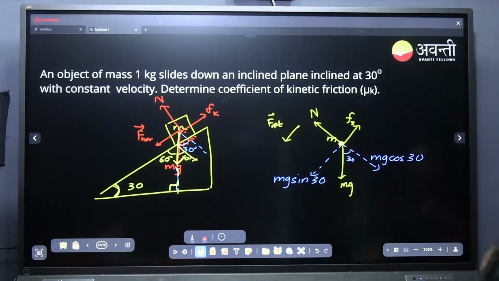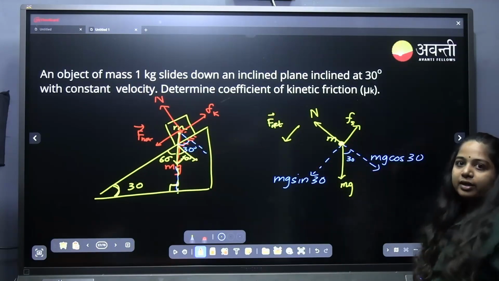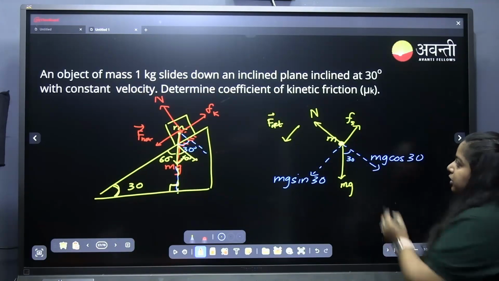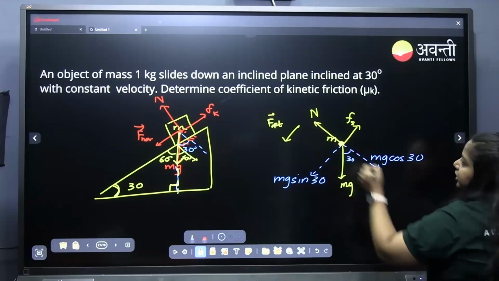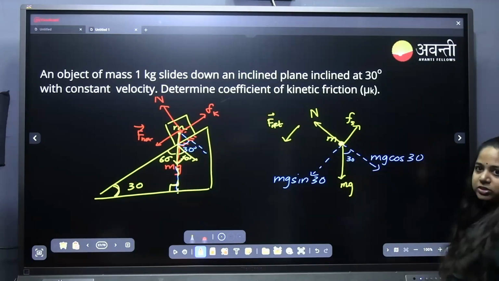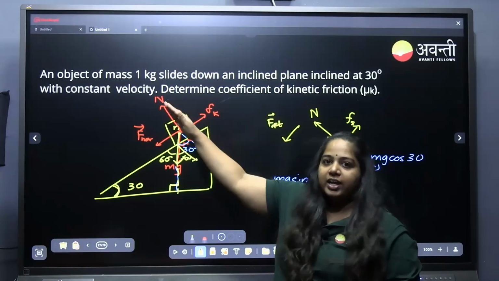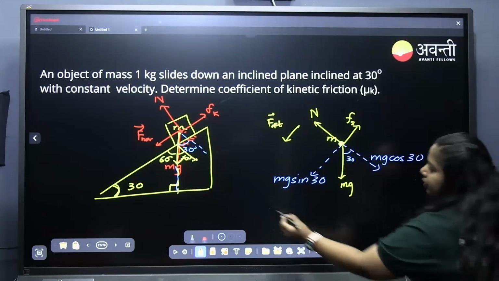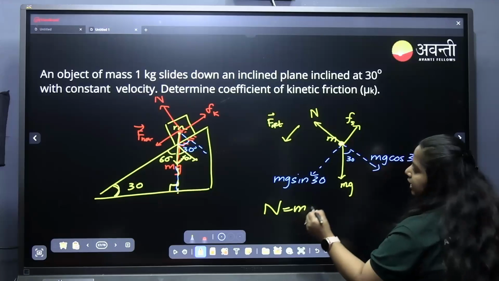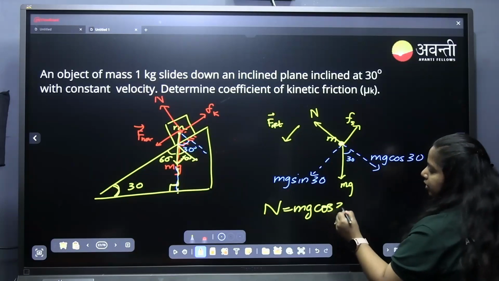Okay, now we will equate forces. So in the vertical direction you can see only N and mg cos 30 are there. Object is not moving in this direction, so N will be equal to mg cos 30.